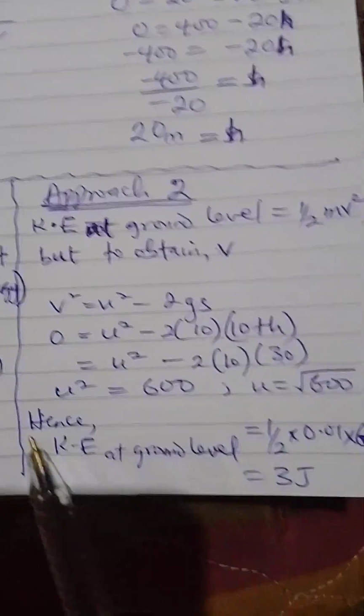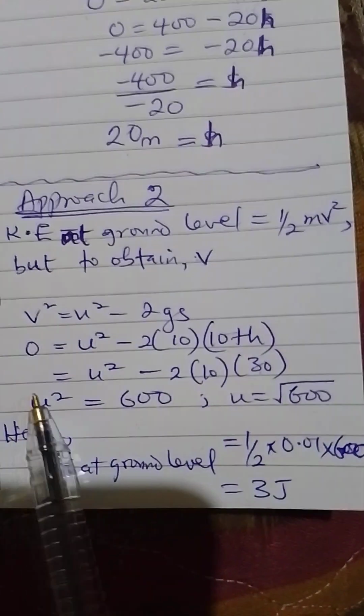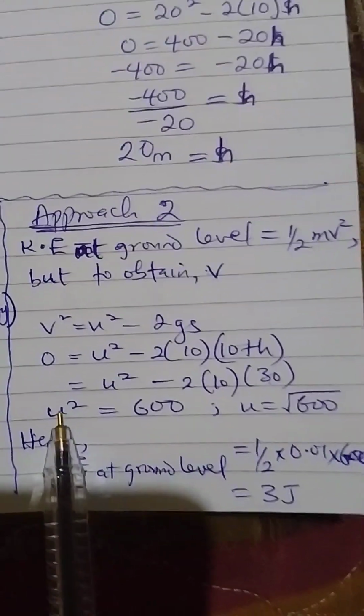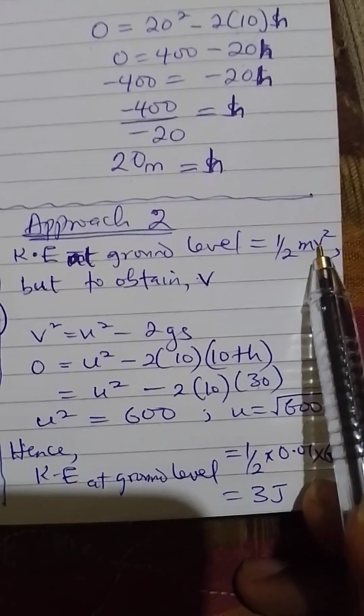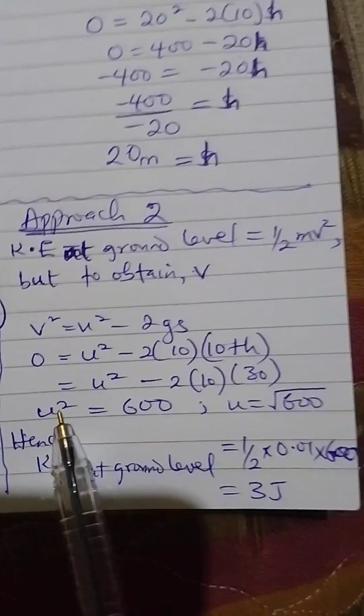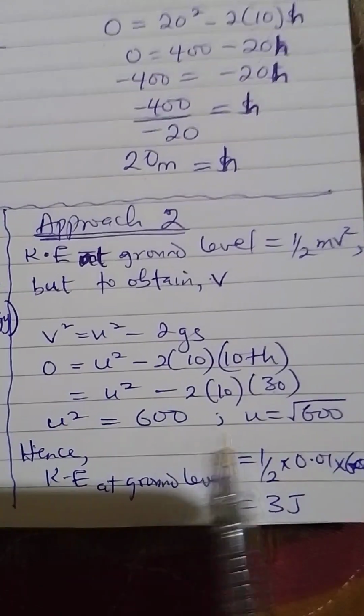Hence kinetic energy at ground level is equal to half mv squared, where u squared is going to be v squared. So we've calculated the starting velocity from the ground level.